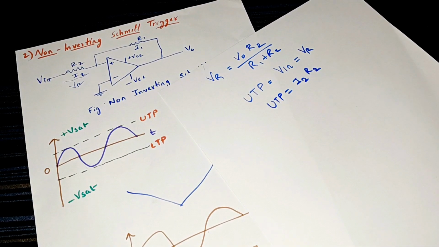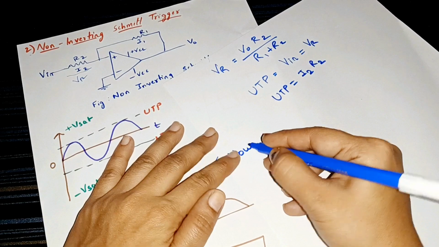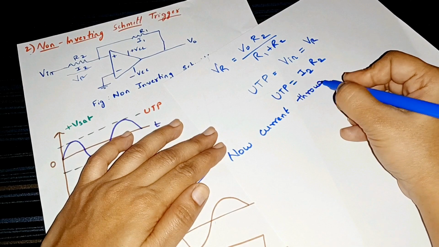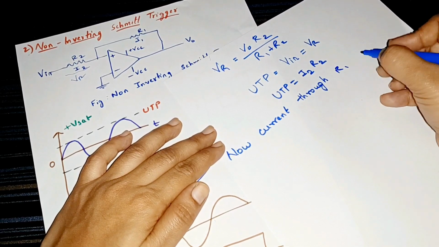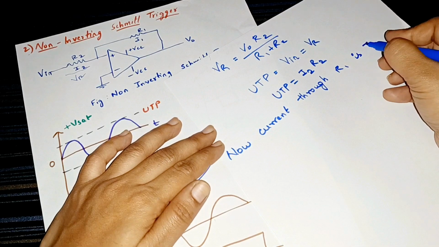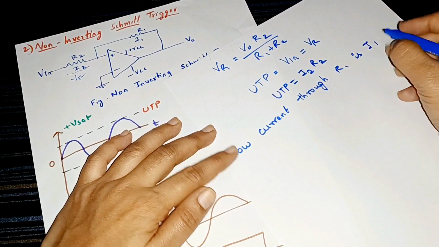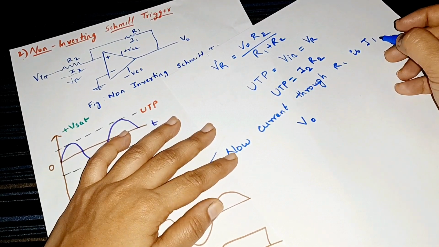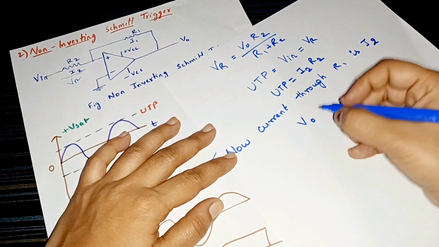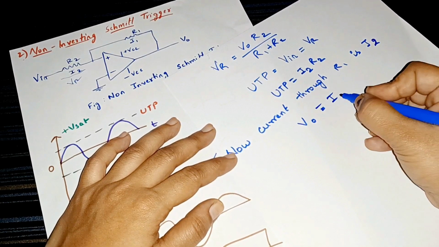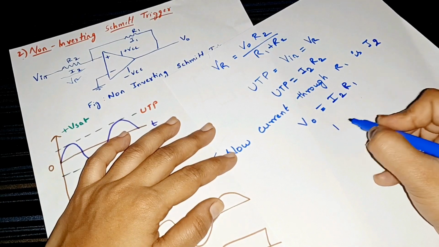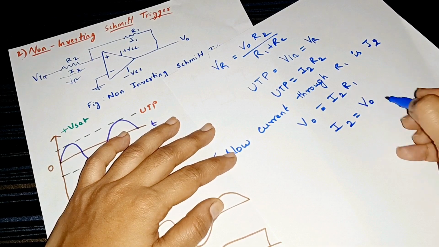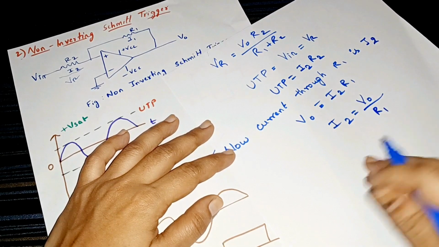Now the current through R1 is I1. The current is flowing the same throughout, so we can say I2. So the current flowing through the voltage output is V0 divided by R1.